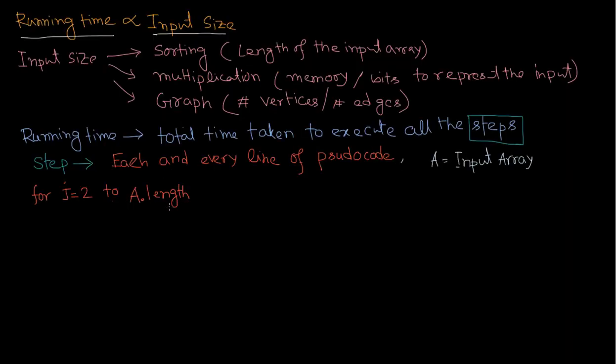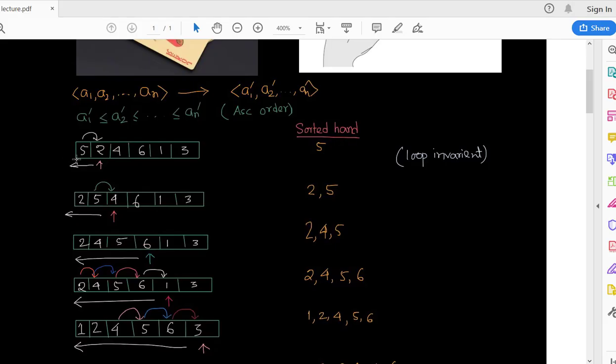Now I'll write in a separate color. I'll be taking that element, key equals a[j]. So if I compare it over here, we take 2 first, then compare it with the rest of the elements on the left-hand side of the 2.